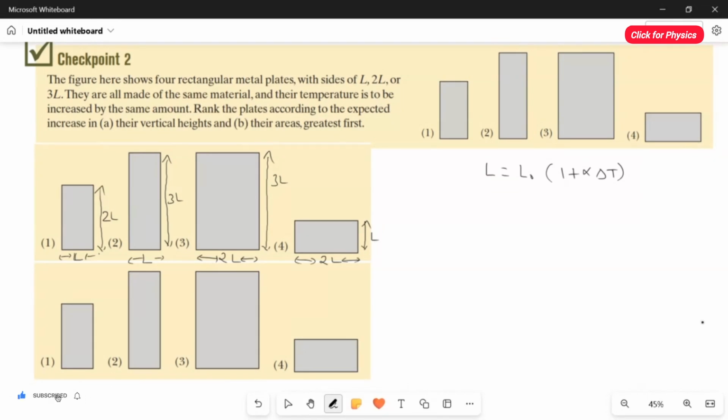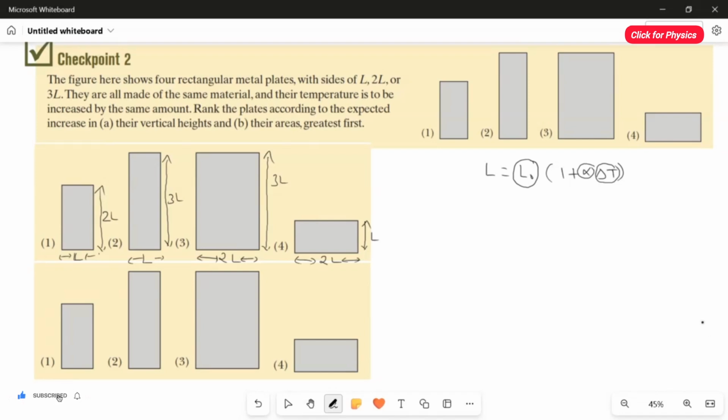They clearly mention all 4 rectangular metal plates are made of the same material, so alpha is the same. Also, their temperature is to be increased by the same amount, so delta T for the 4 rectangular plates is the same. So the changing variable here is L naught.